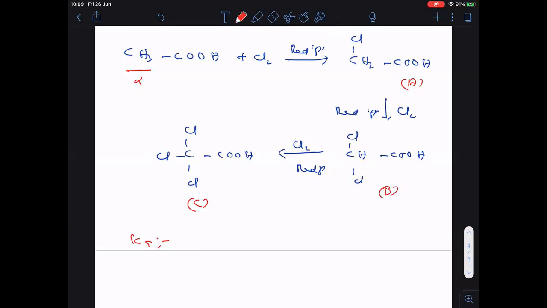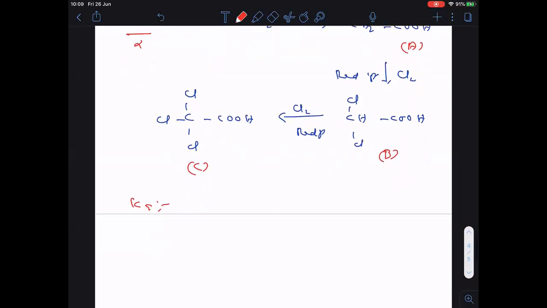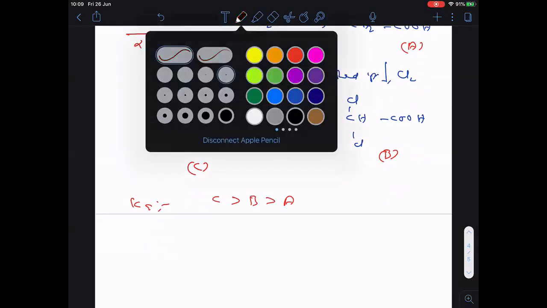So here in the third one, in C you see 3 minus I groups are there. In B 2 minus I groups are there. In A only 1 minus I group is there. Is it clear, everyone? Minus I means electron withdrawing groups, and you know well, electron withdrawing groups increase the acidic strength. Therefore, which is the stronger acid? First C will come, then B, then A. Clear?